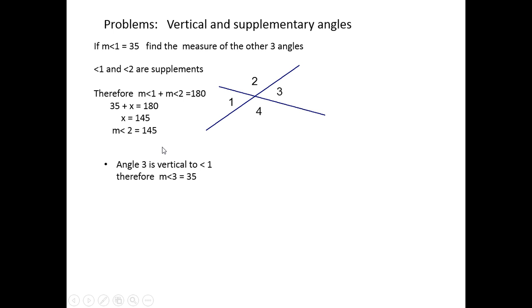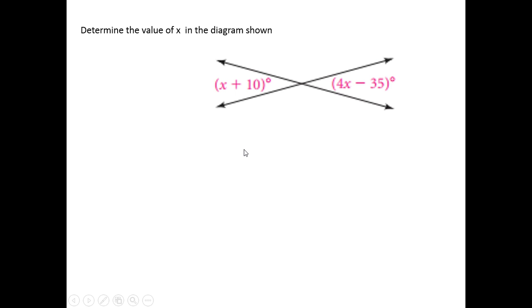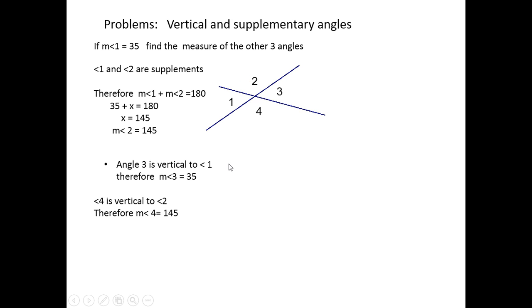Angle 3 is vertical to angle 1, and vertical angles are congruent, so angle 3 is likewise 35. Angle 4 is supplementary to angle 3 and also vertical to angle 2. Either way, we get 145 degrees for angle 4.